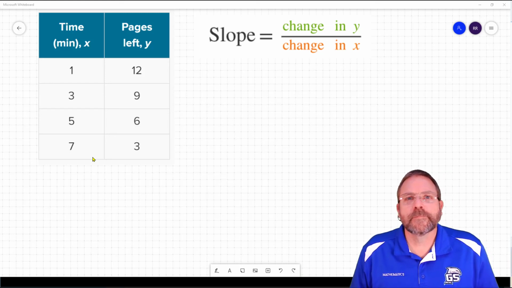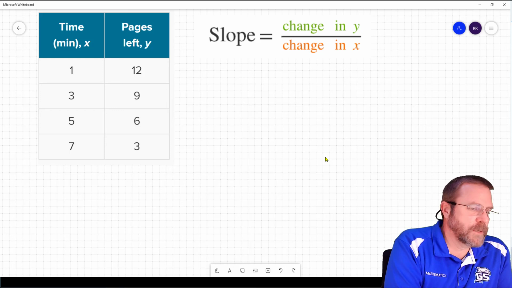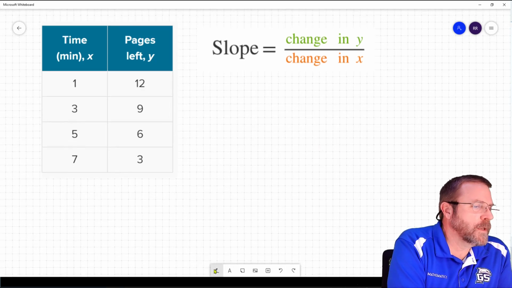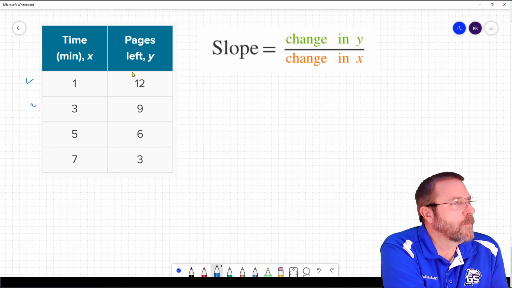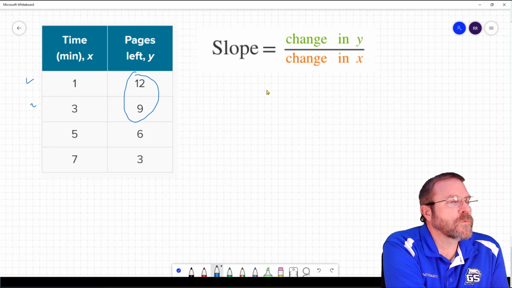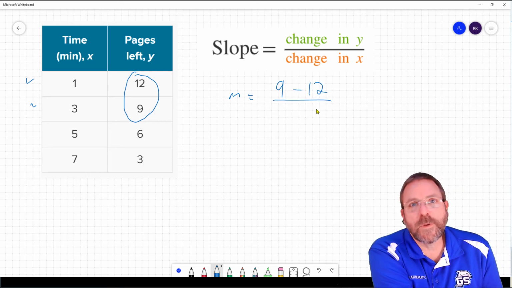How'd you do? Here I go. So I've got the change in y divided by the change in x. I'm going to use these 2 points, that one and that one. My y value goes from 12 to 9. So that means my slope is going to equal, do the second value first, 9 minus your first value, because that's going to be your change.